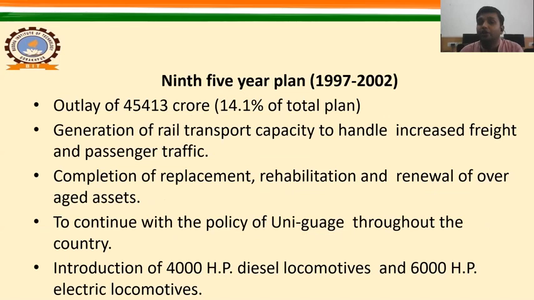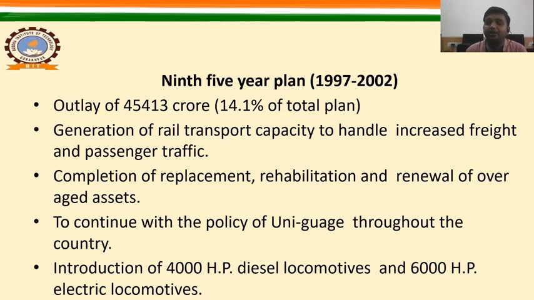There was an outlay of 45,413 crores, that is 14.1% of the total plan. The goals were generation of rail transport capacity to handle increased freight and passenger traffic, completion of the replacement, rehabilitation, and renewal of overaged assets, and to continue with the policy of uni-gauge throughout the country.